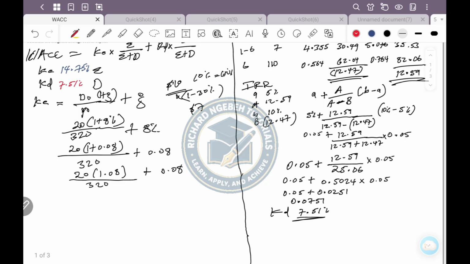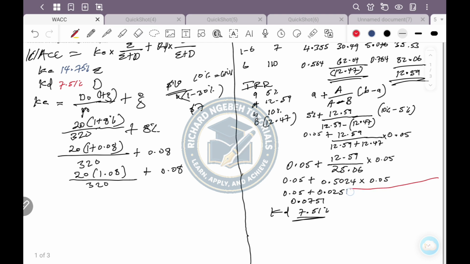Okay, you have this one. How about the cost of debt? How about the debt and the equity? Okay, the debt and the equity.